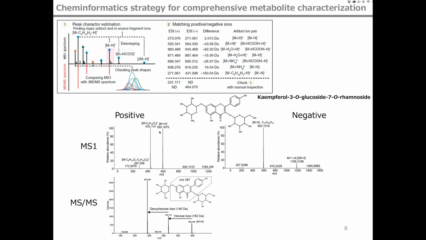Here there is a 2 Dalton mass difference between positive and negative ion mode, and therefore the adduct type can be recognized as M plus H and M minus H. The current MS-DIAL program can automatically annotate these kinds of peak characters with the integration method of positive and negative ion mode data to refine the adduct ion type.